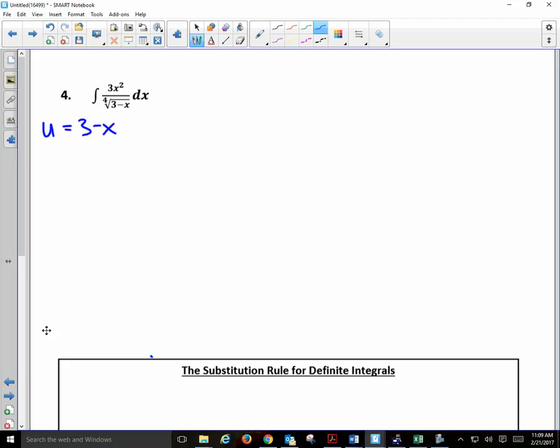So u is equal to 3 minus x. So du is negative dx. Very good. Negative 1 dx. I don't have a negative 1 dx. I have a 3, right? So I'm going to multiply by a negative 3. Negative 3 du is equal to positive 3 dx.